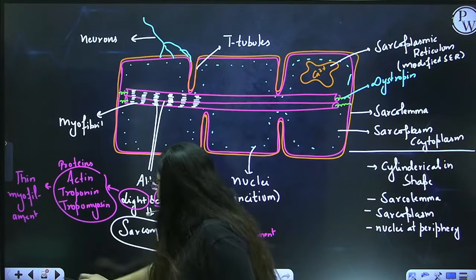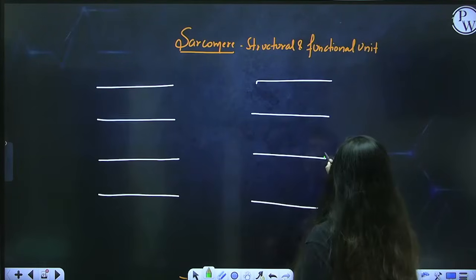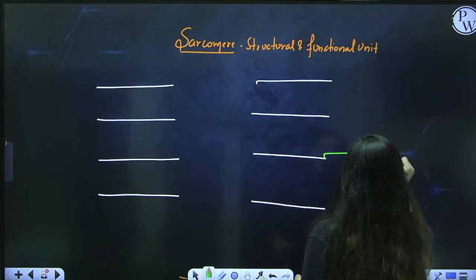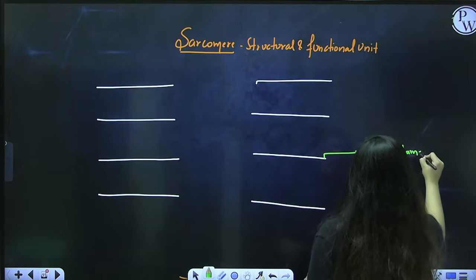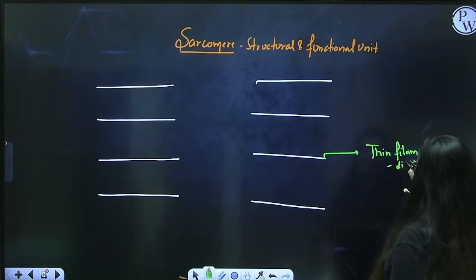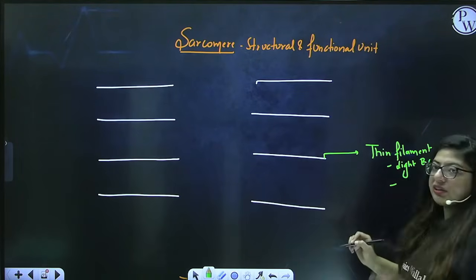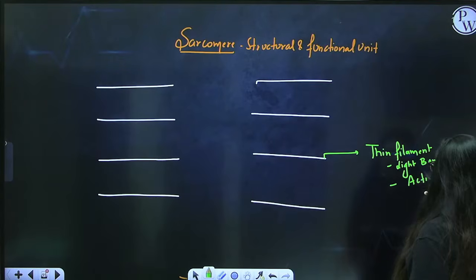All right, let's see. For example, this is a thin filament. What is this, guys? Thin myofilament or thin filament. As I've already told you, this will form your light band, and this thin filament contains the proteins actin, troponin, and tropomyosin.